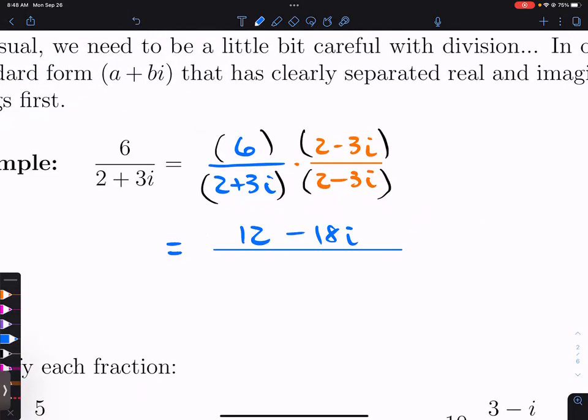And then in the bottom, 2 plus 3i times 2 minus 3i, FOIL or distribute everybody. 4 minus 2 times 3, so 6i, plus 6i, minus 9i squared.